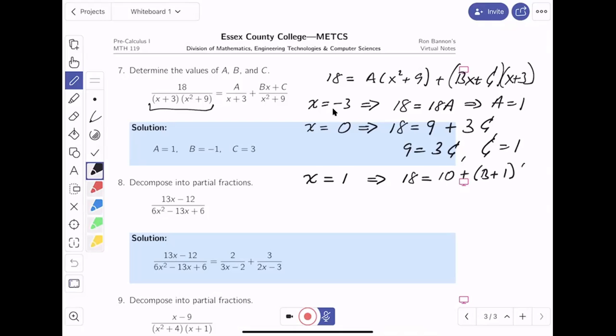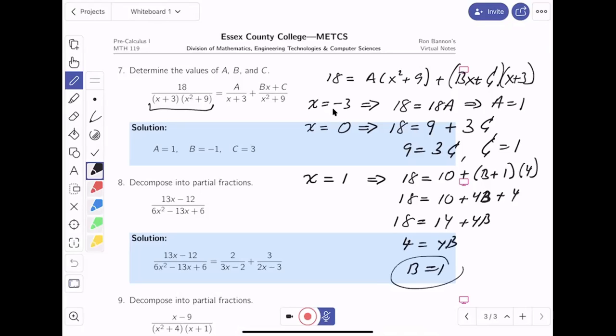And then 1 plus 3 is 4. Let's see what we get. 18, 10, 4b plus 4. Let's see, 18, 14 plus 4b. 4 equals 4b. b is 1. So I know b, at least I think I do. I know c and I know a. Let's just check it out.